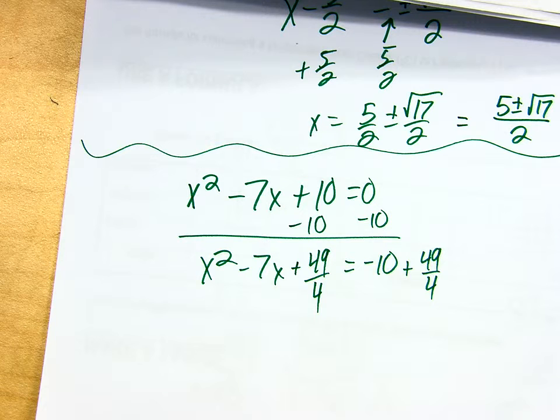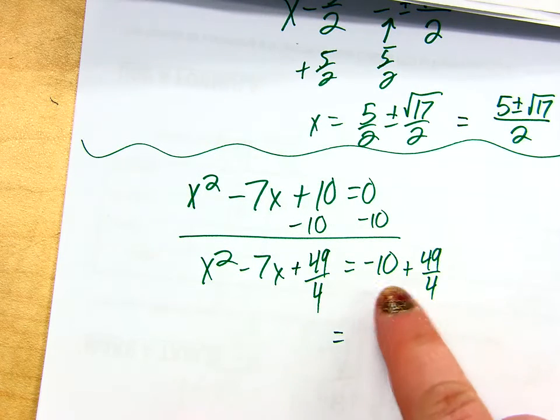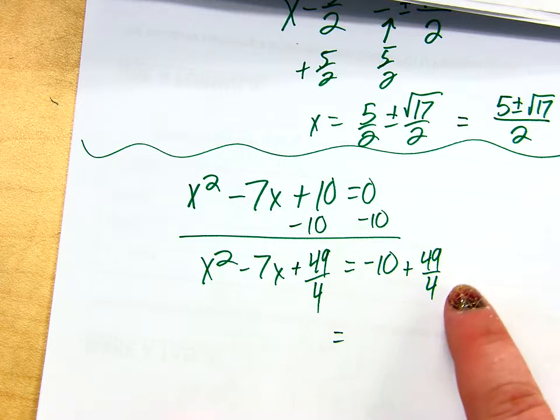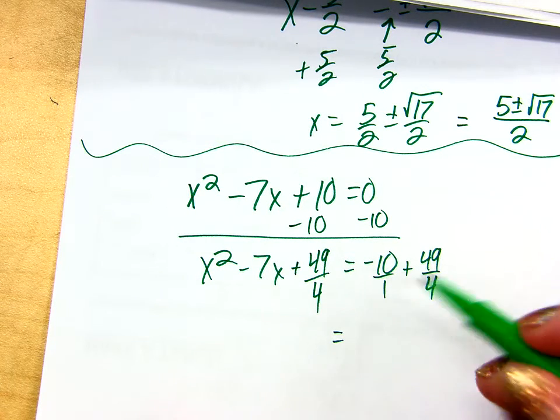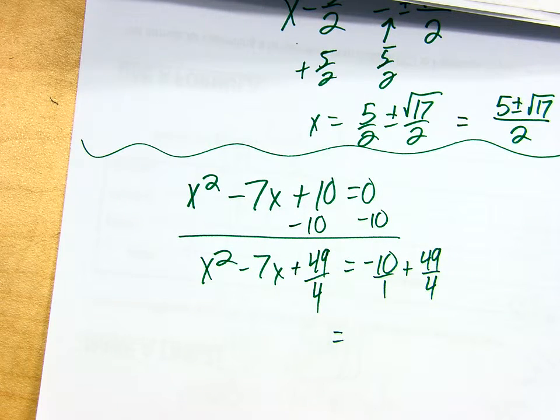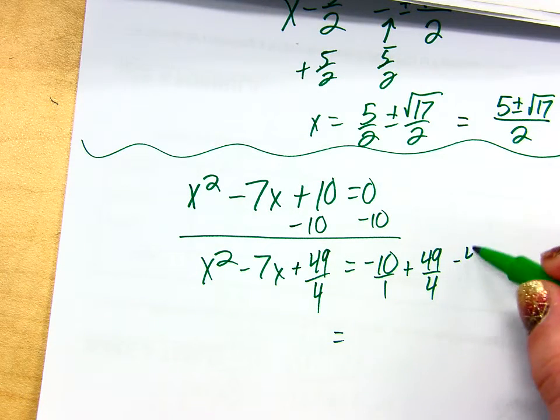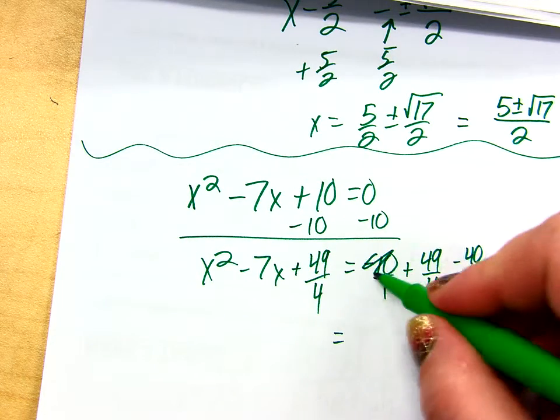All right. Now, on the left, you have to add negative 10 and 49 fourths. So 10 normally has a denominator of 1, but I needed to have a denominator of 4. Negative 40 over 4, right? Isn't that the same thing as negative 10? Are you with me? So I'm just going to write it as negative 40 over 4, and then I cross out the negative 10.